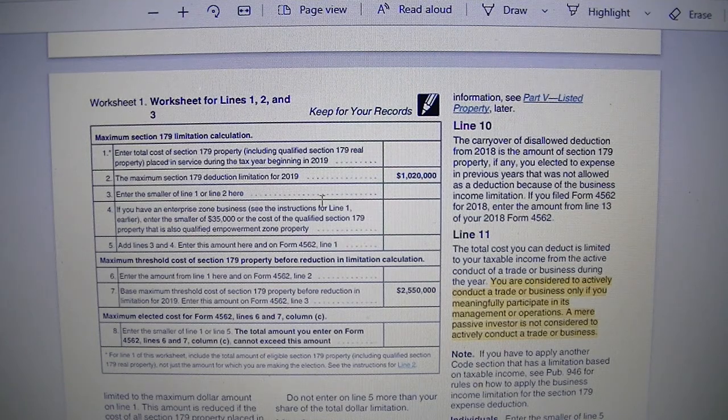So line 3 will be the smaller of the two. So if you place a property in your business and it costs $1 million, $1 million will be on line 1 of the worksheet, and that will be the smaller of 1 million and 1,040,000. So you'll put 1 million again on line 3 of the worksheet.